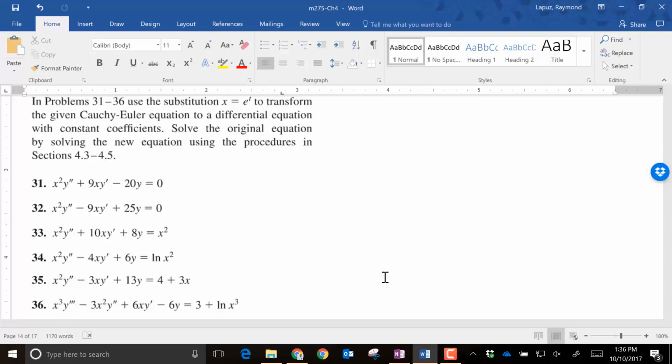What they're trying to do here in this particular substitution is they're saying that if you have a Cauchy-Euler equation, you can actually transform this equation and make it look like an equation that we've dealt with, which is a linear equation with constant coefficients. So ideally, because of the nice pattern that this has, we should be able to somehow transform this and make it look like those problems that we've been dealing with in the previous section.